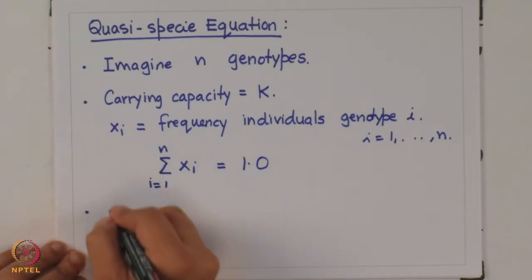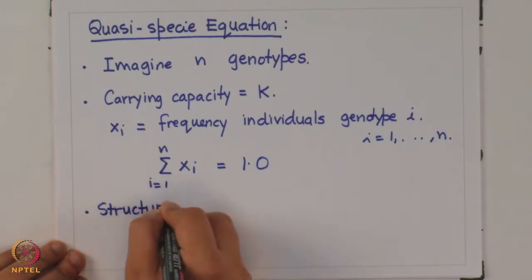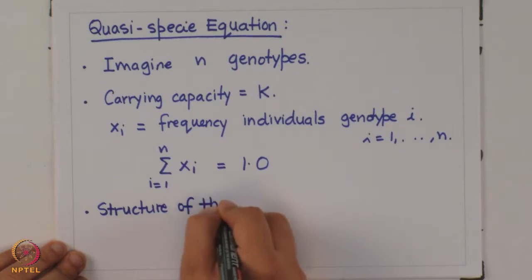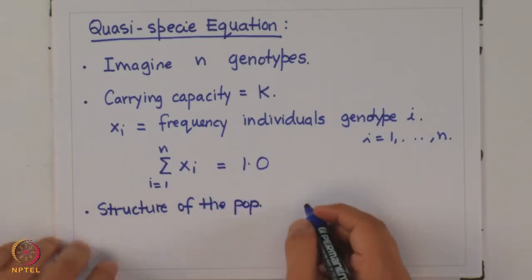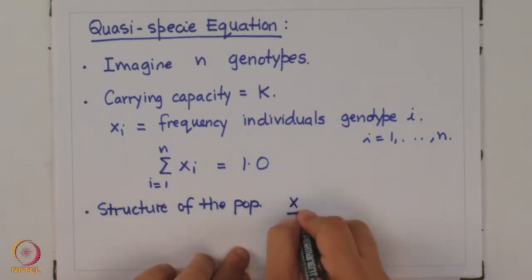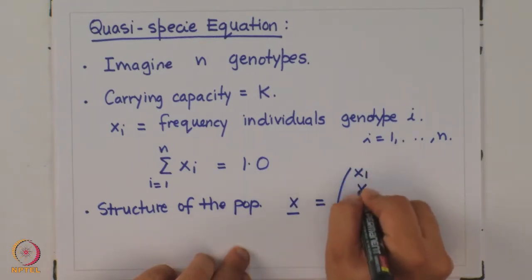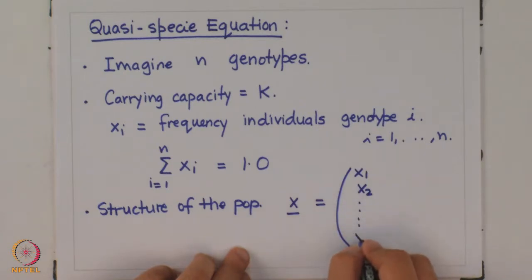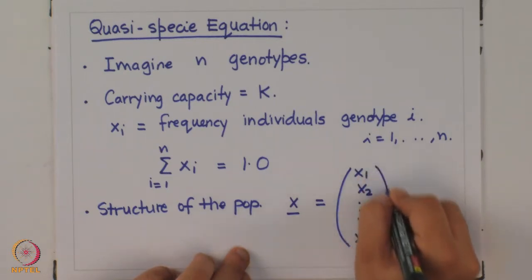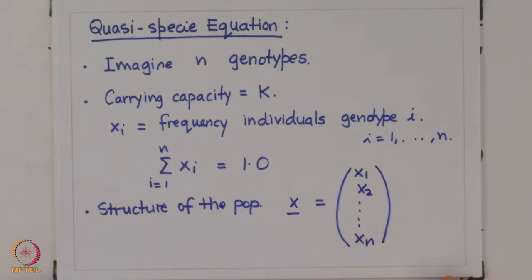So, at any given point in time, the structure of the population is given by a vector x whose constituents are x1, x2 and so on and so forth, going all the way up to xn. So, this is a vector which gives me the makeup of the population at any given point in time t.